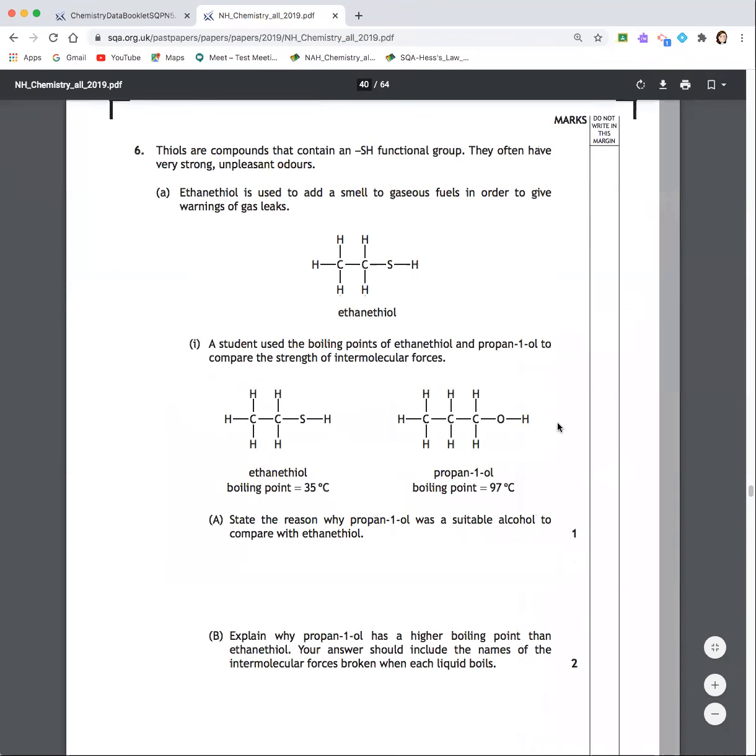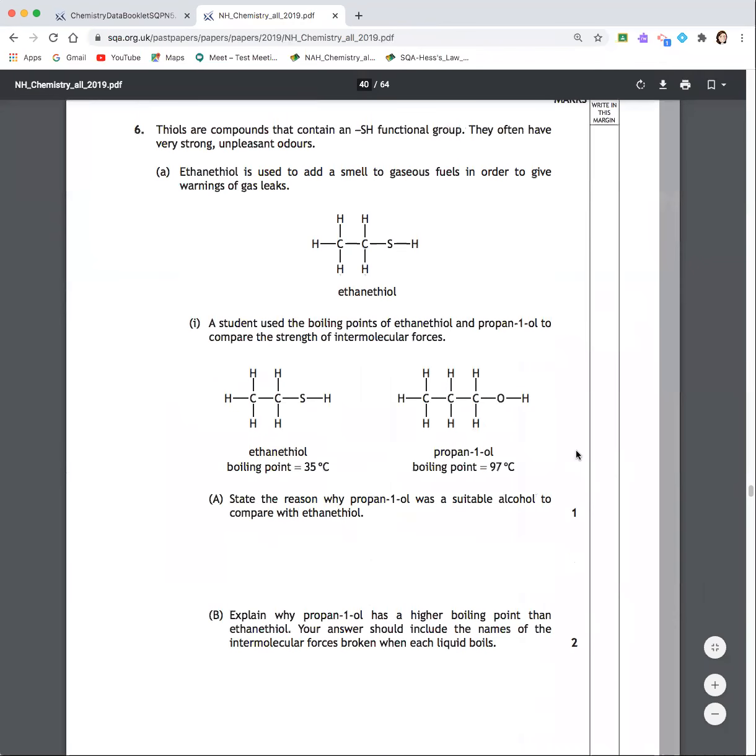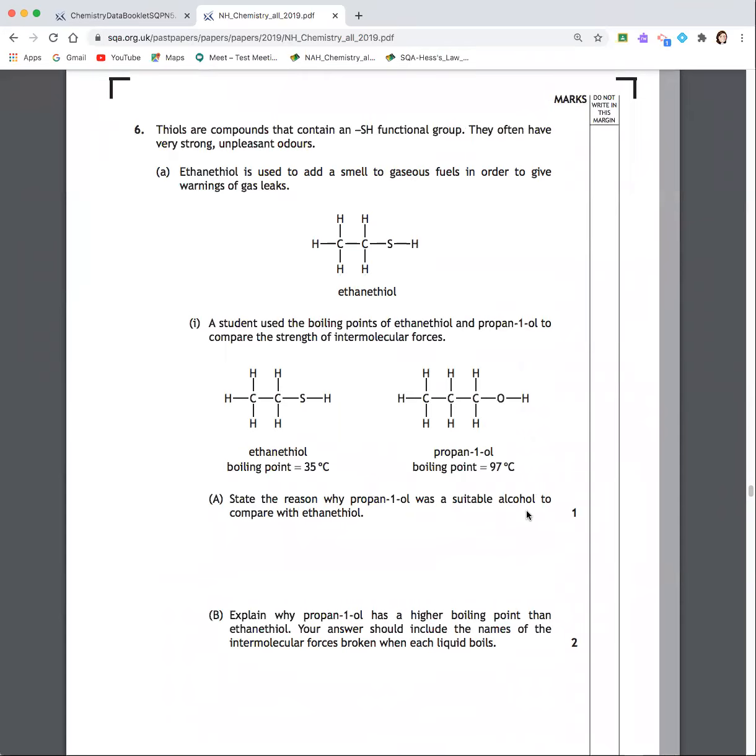Then question 6a. We've got this group of molecules called thiols, so this is like a problem solving question because you've not learned about these. State the reason why propan-1-ol was a suitable alcohol to compare with ethane thiol. So this was comparing the strength of intermolecular forces.